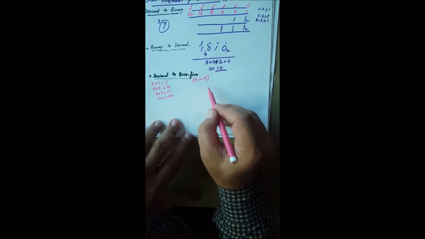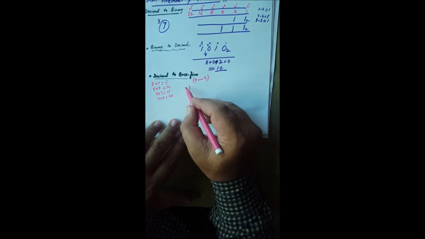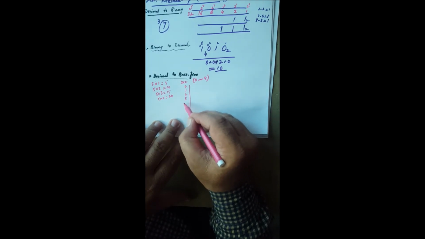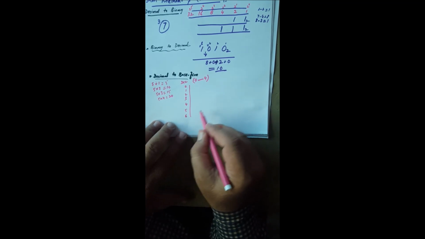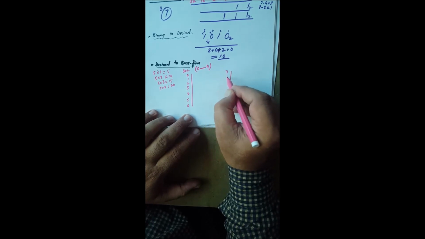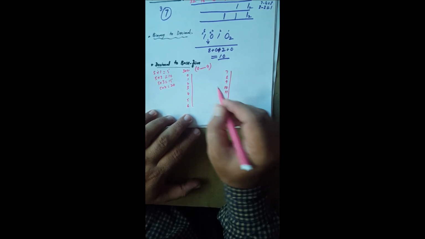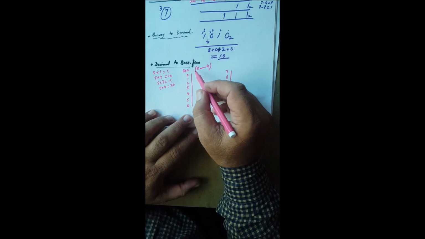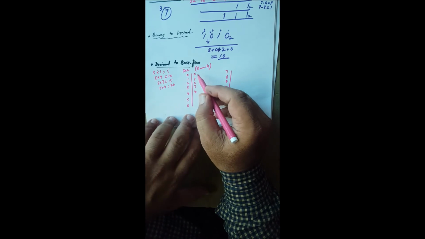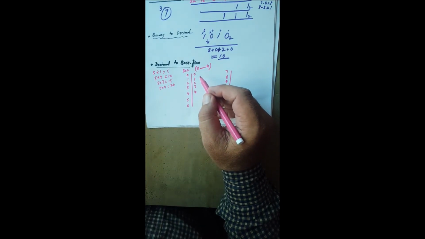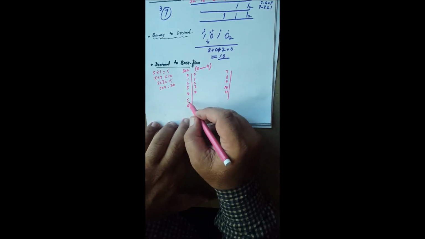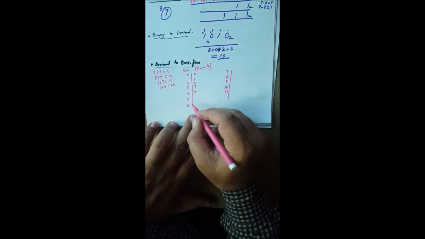Now in decimal counting: 0, 1, 2, 3, 4, 5, 6, 7, 8, 9, 10, 11. Now in base 5: 0, 1, 2, 3, 4. These numbers are included in base 5, 0 to 4. So the next number is 5.